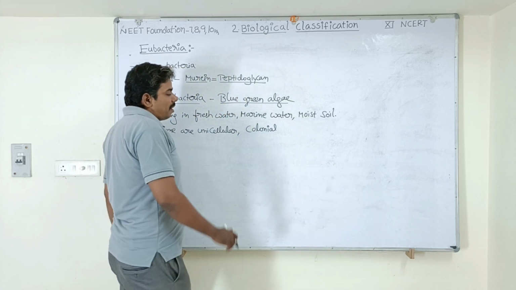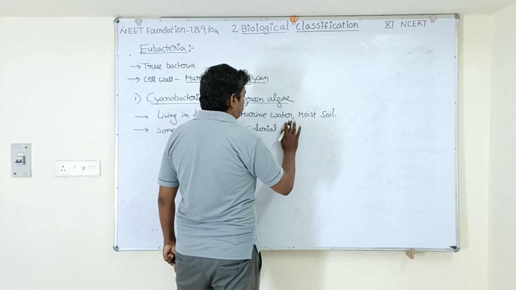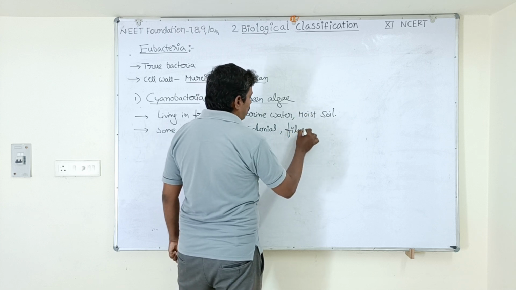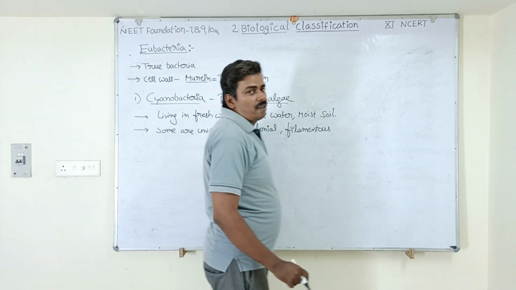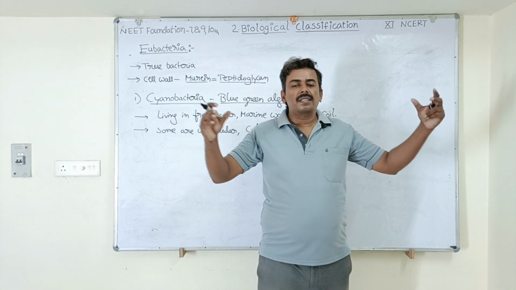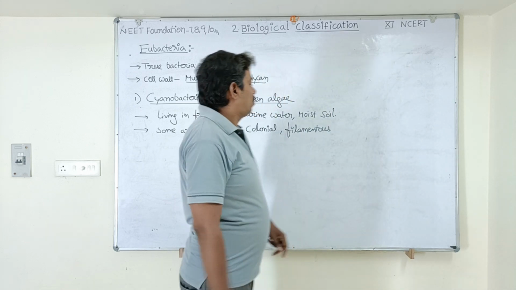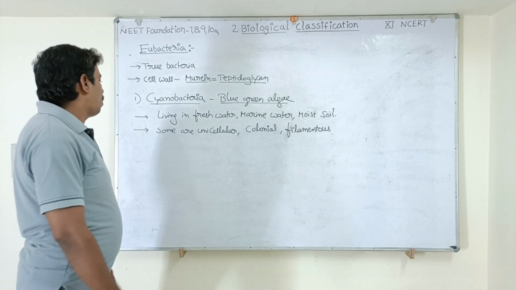So that type is called colonial. And some are filamentous. What is filamentous? Some of the cyanobacteria form chain-like structures and resemble long threads, which are called filamentous. Okay, so we can find unicellular, colonial, and filamentous forms, three forms.